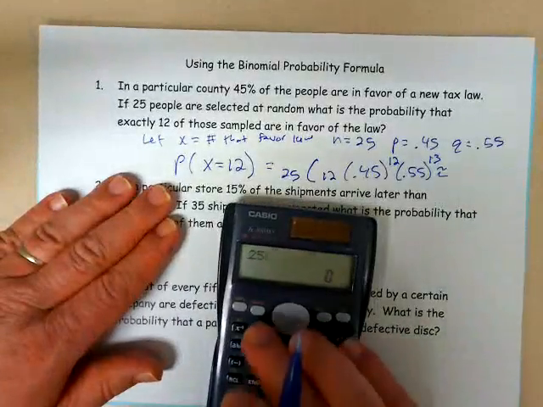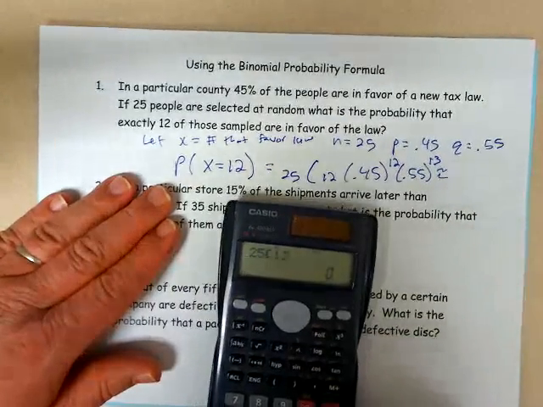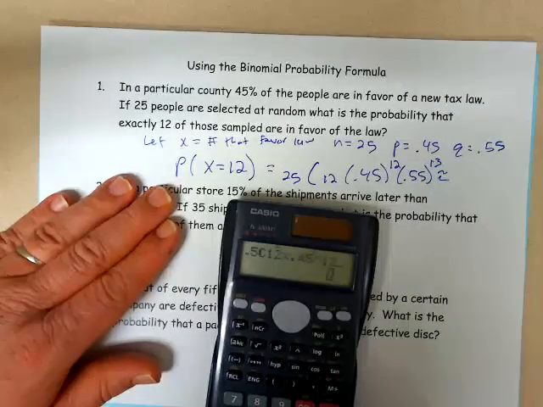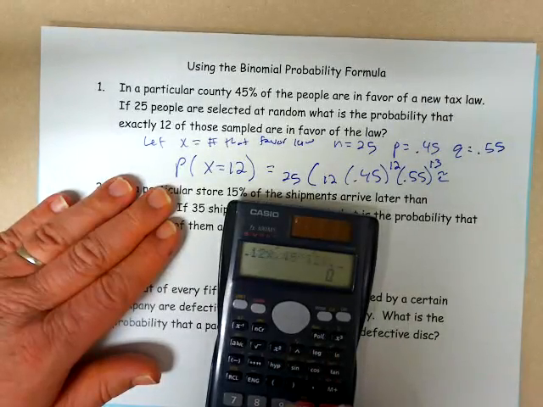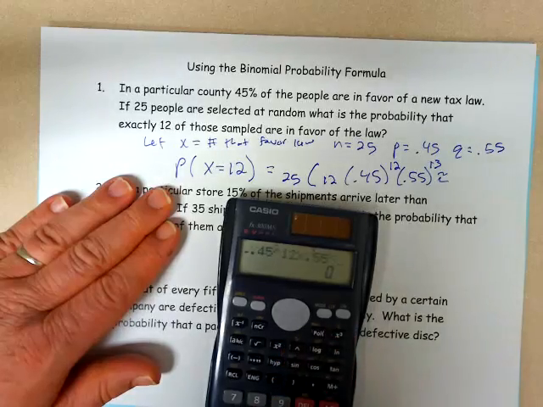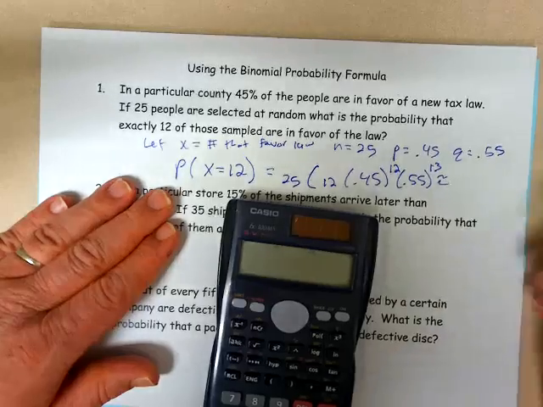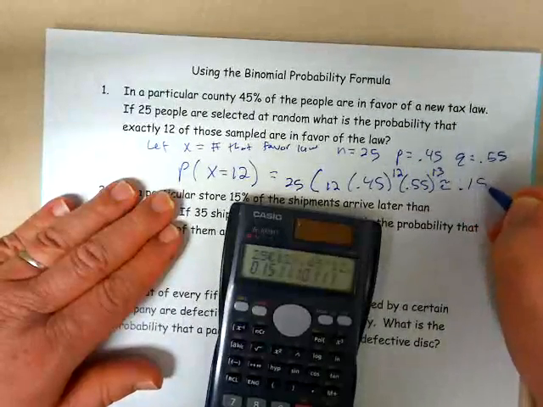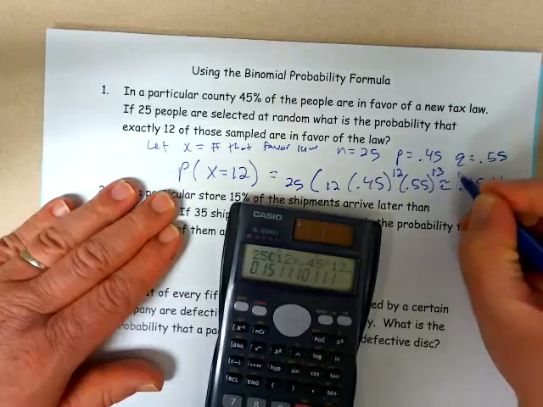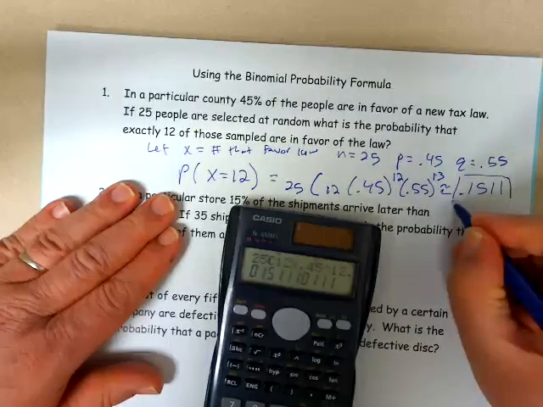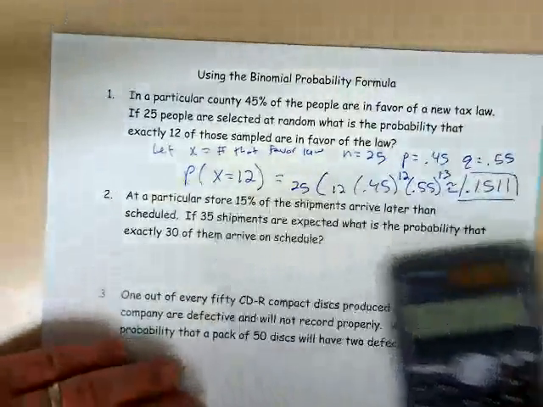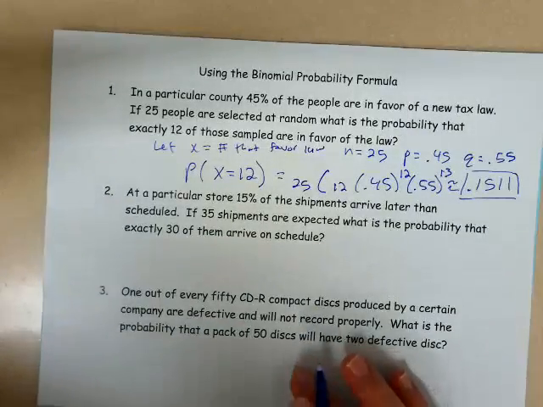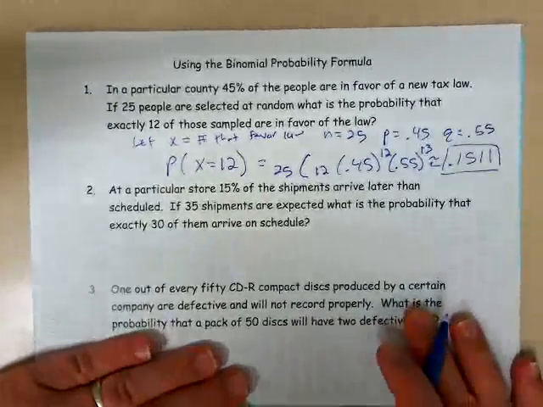So 25 choose 12 times 0.45 to the 12 times 0.55 to the 13, and I get 0.1511. And that is the probability that exactly 12 favor the law. So let's try the next one now.